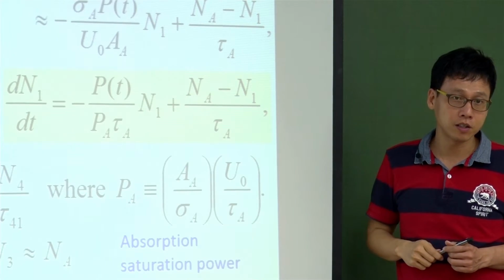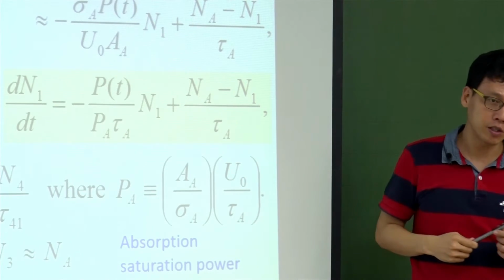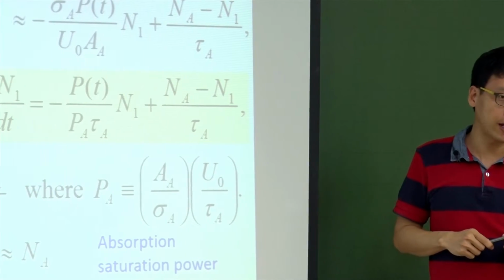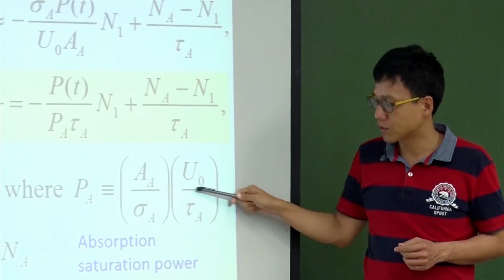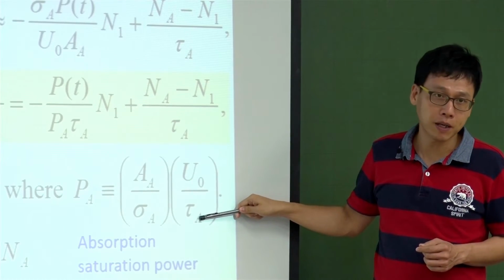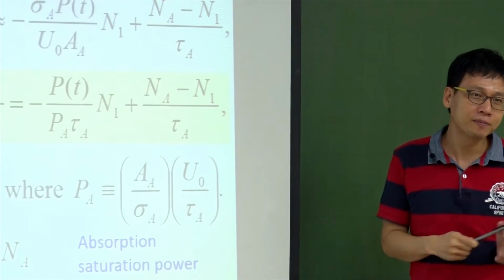Clearly, this is a parameter about power because U0 is the single photon energy, and tau A is the lifetime. So energy divided by time, this is power, right?